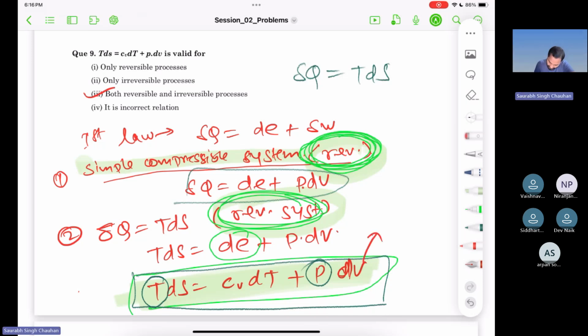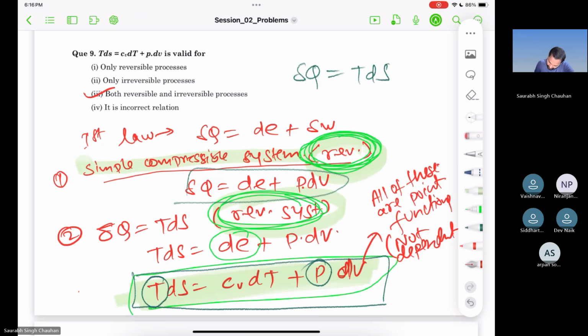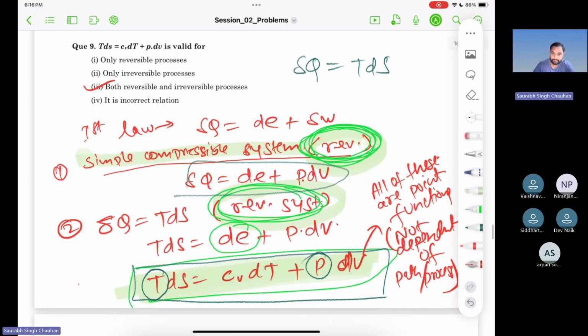Why? Because all of these are point functions, not dependent on path or process. So I think it is clear and we can move ahead.